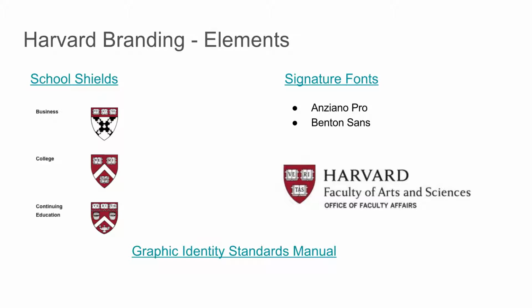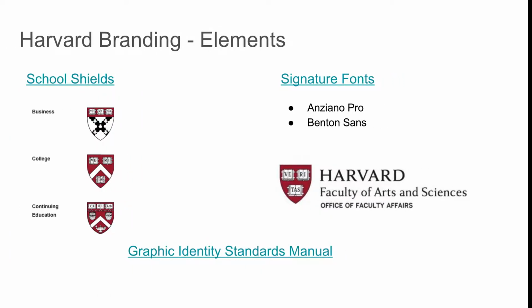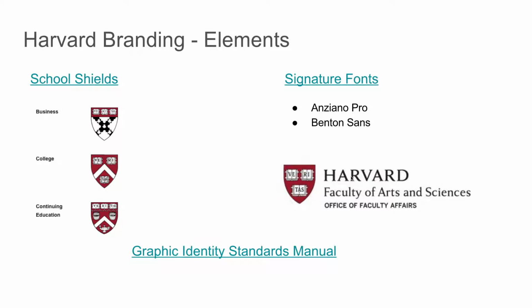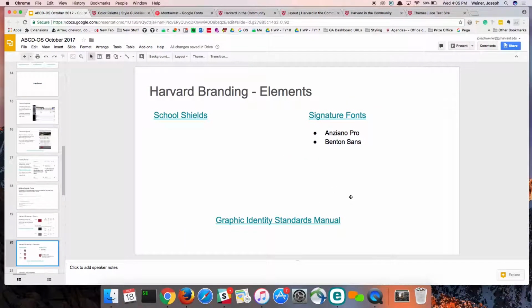The Harvard signature and signature extension, which is the way Harvard is written, uses two proprietary fonts, Adobe Garamond Pro and Benton Sans. You can create these for your website. You probably don't have access to these fonts, but you can email HPAC and they can provide those to you. You'll see many of the sites we do have that signature on the bottom.